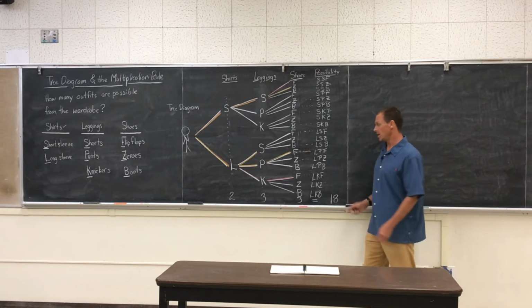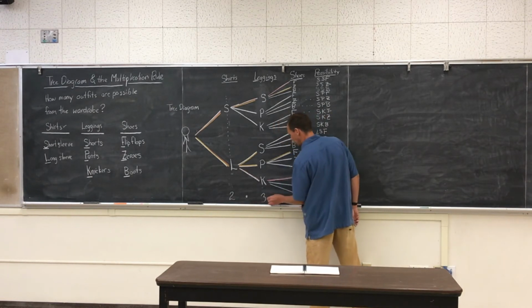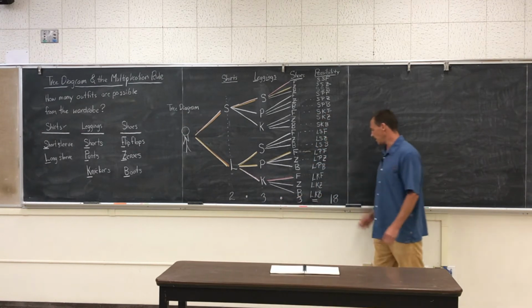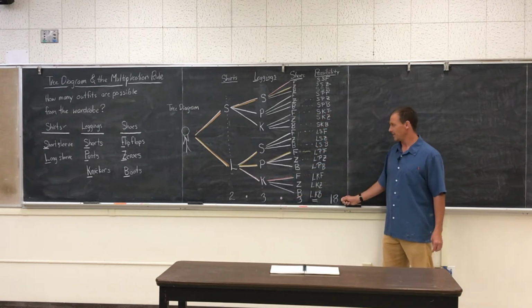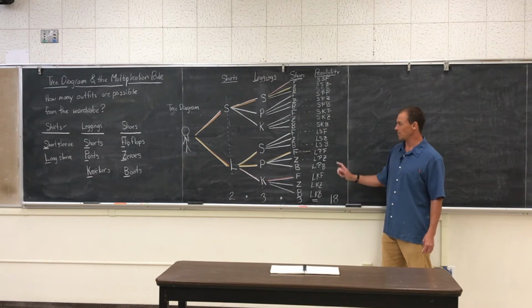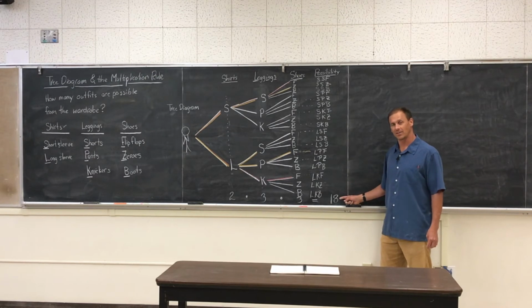The answer is, if we were to multiply the number of possibilities in each category, we would have gotten 18. So that's what the tree shows us. It shows us that by multiplying, we can get the result. And that is actually formally called the multiplication rule.